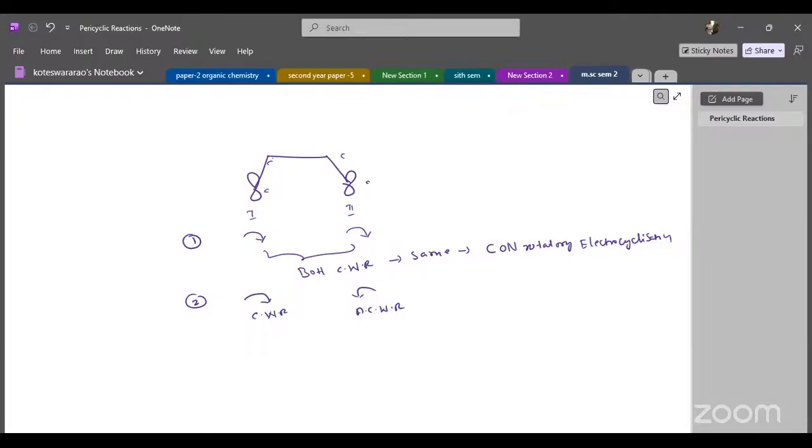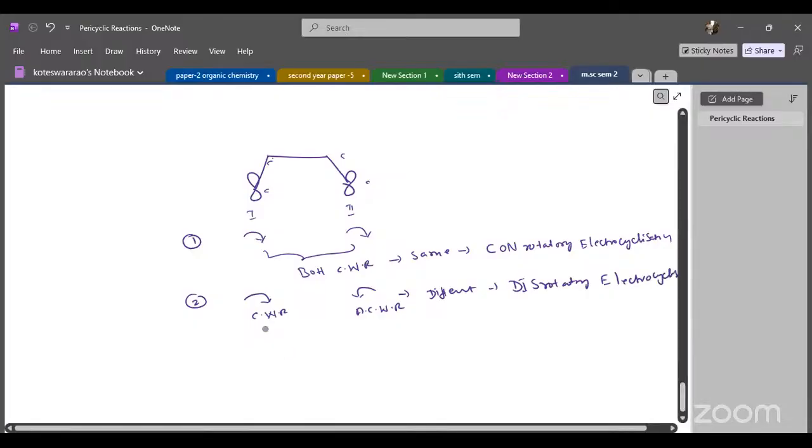You see that both are different rotations. One is clockwise and the second one is anti-clockwise. This is different, opposite rotation. This rotation is known as disrotation, disrotatory electrocyclization.